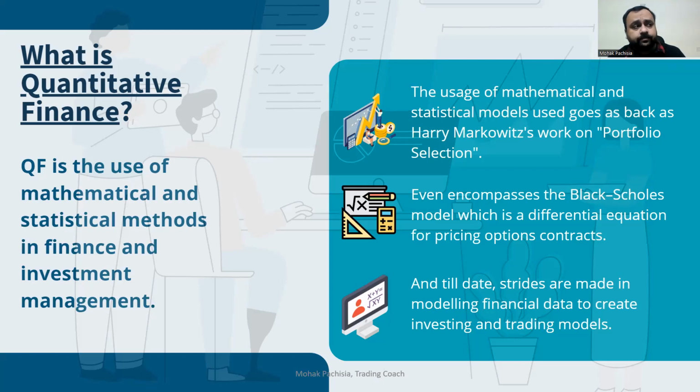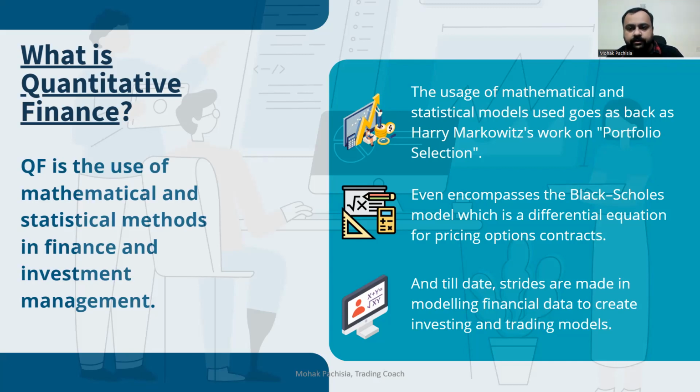That graduates to covariances, cointegration, beta, alpha. A lot of statistical models are used, and that started happening way back, so even that comes under quantitative finance.